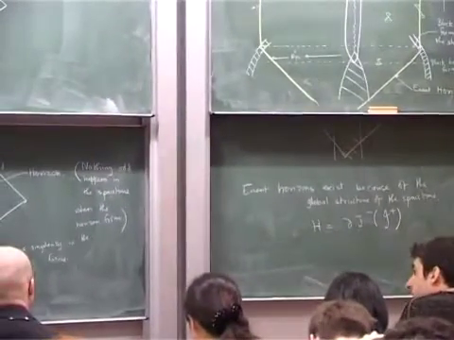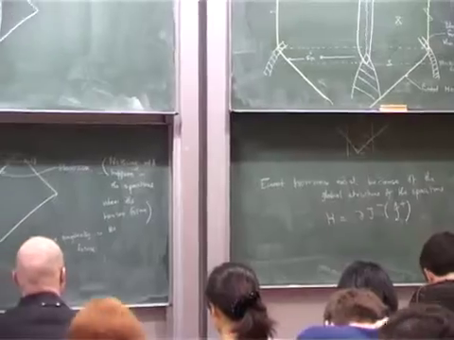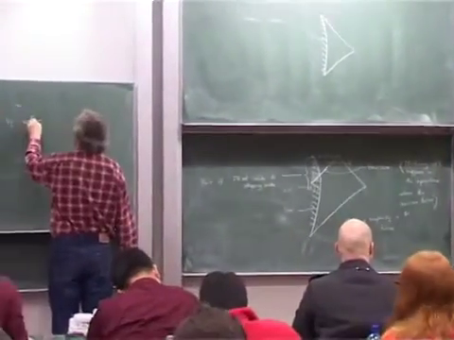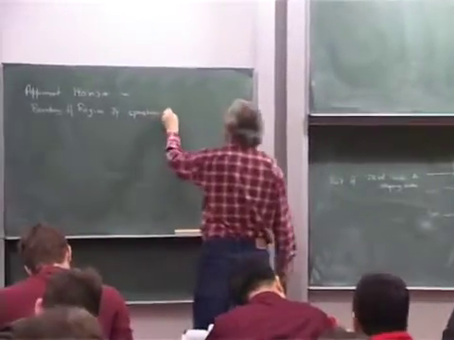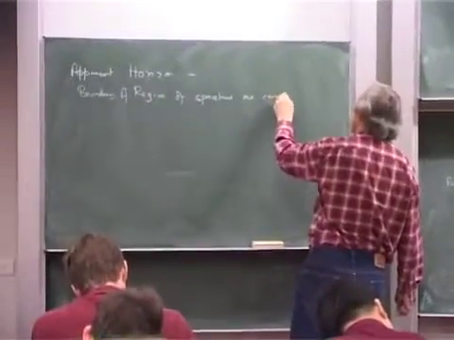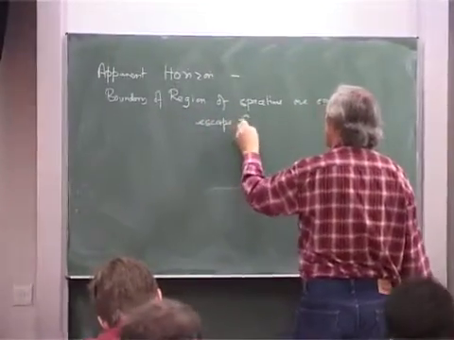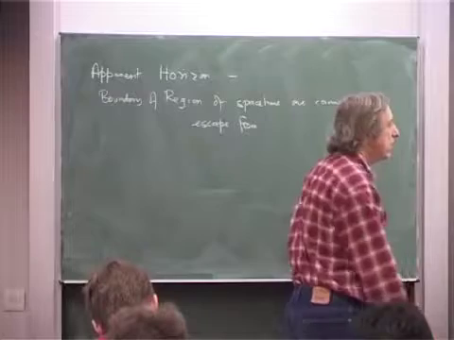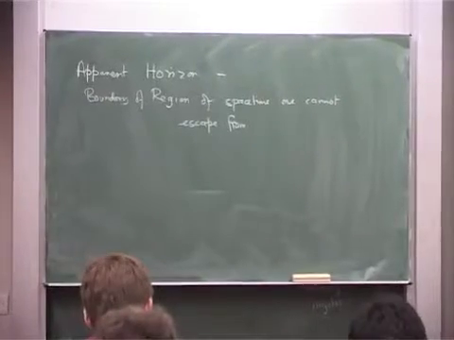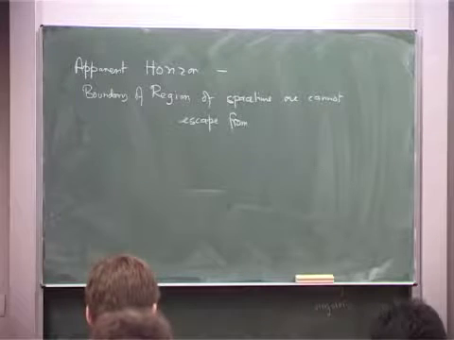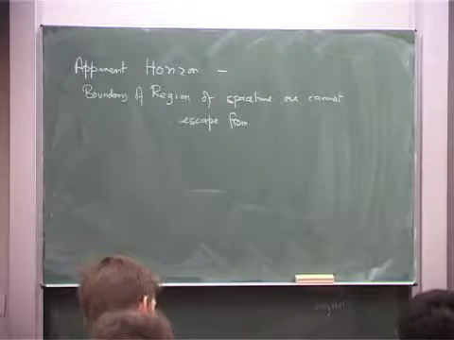Or the boundary. So, if you look back to this picture here, this surface is an apparent horizon.